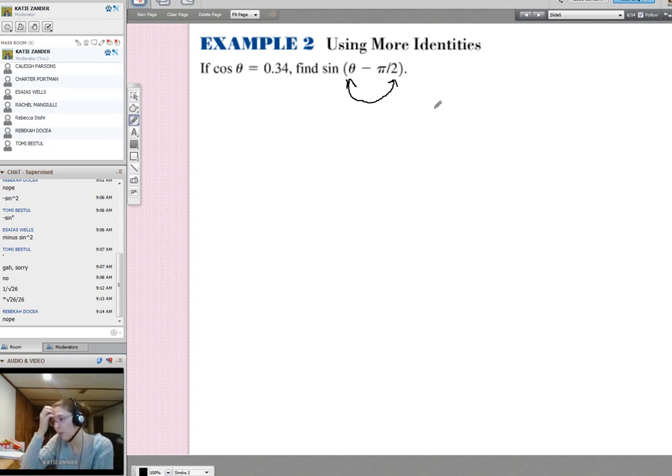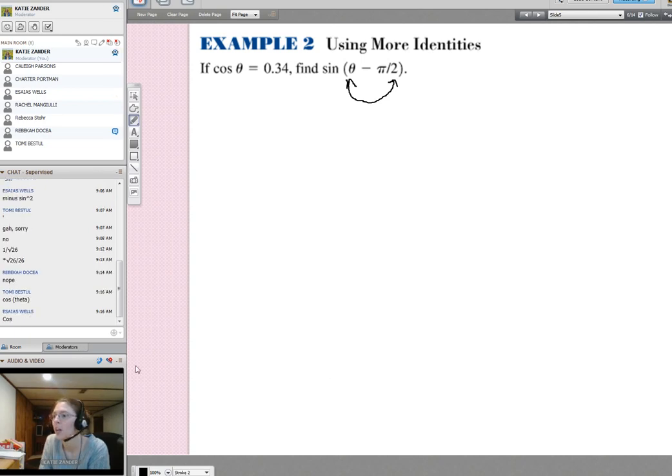In fact, if they were reversed, what would that cofunction identity equal? So what could I necessarily replace that with? Cosine theta.